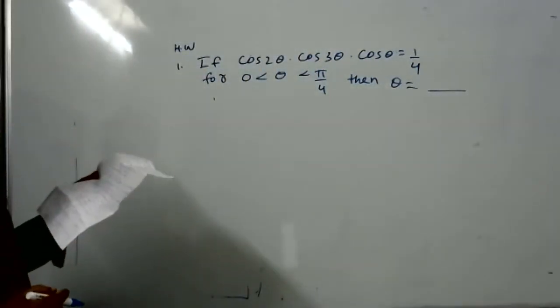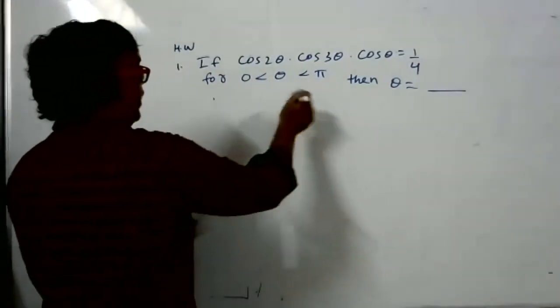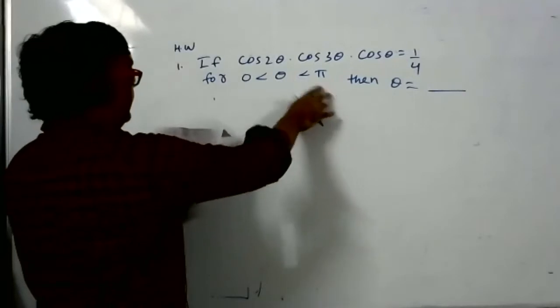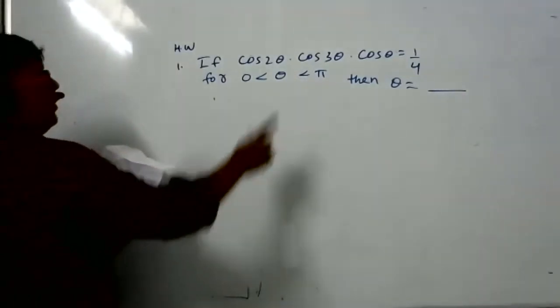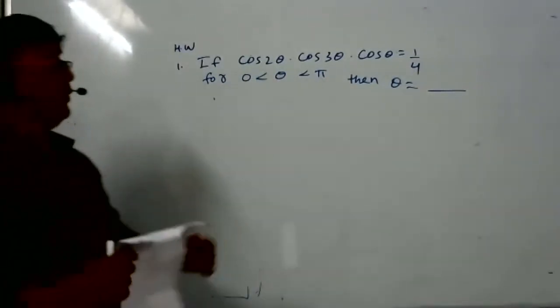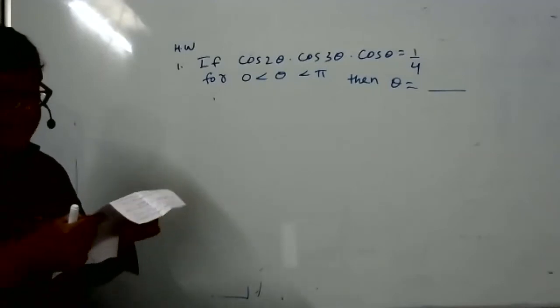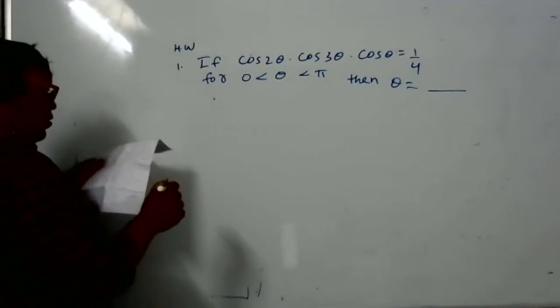Find this answer. I have rectified, it is pi only. Theta greater than 0 less than pi, means your answer should lie between 0 and pi. You will get 6 answers for theta. All 6 are correct.